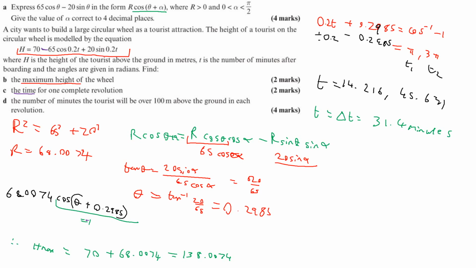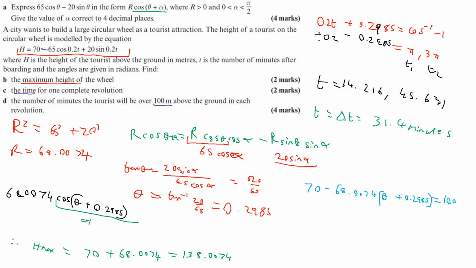Now, the question is asking us for how long the tourist will be over 100 meters above the ground. Well, for this one, all we need to do is we need to equate our solution 70 minus 68.0074 cos(theta plus 0.2985) is equal to 100.